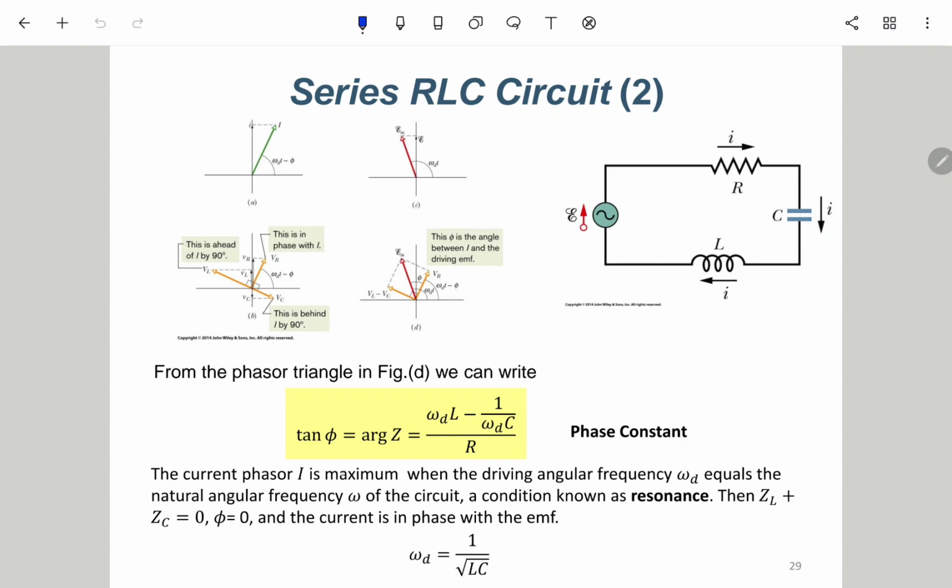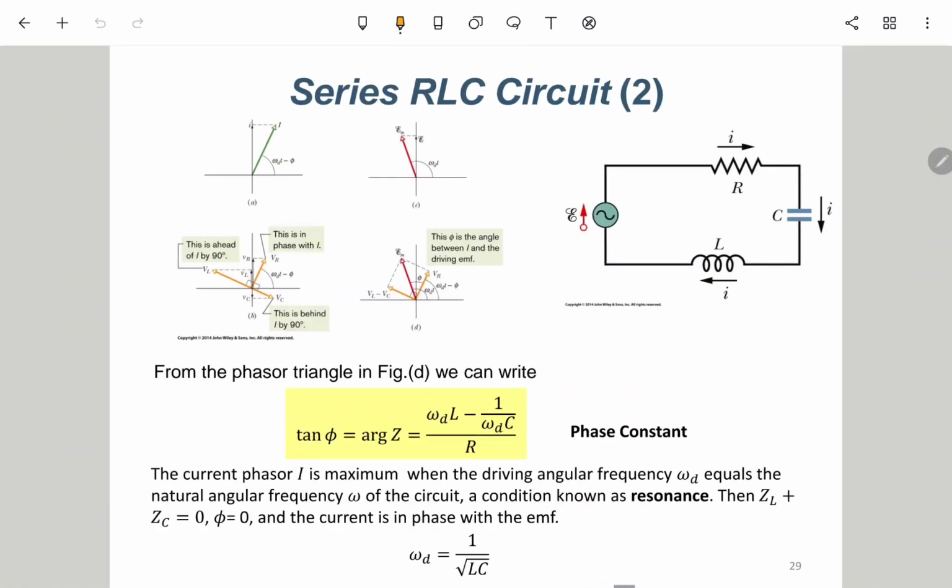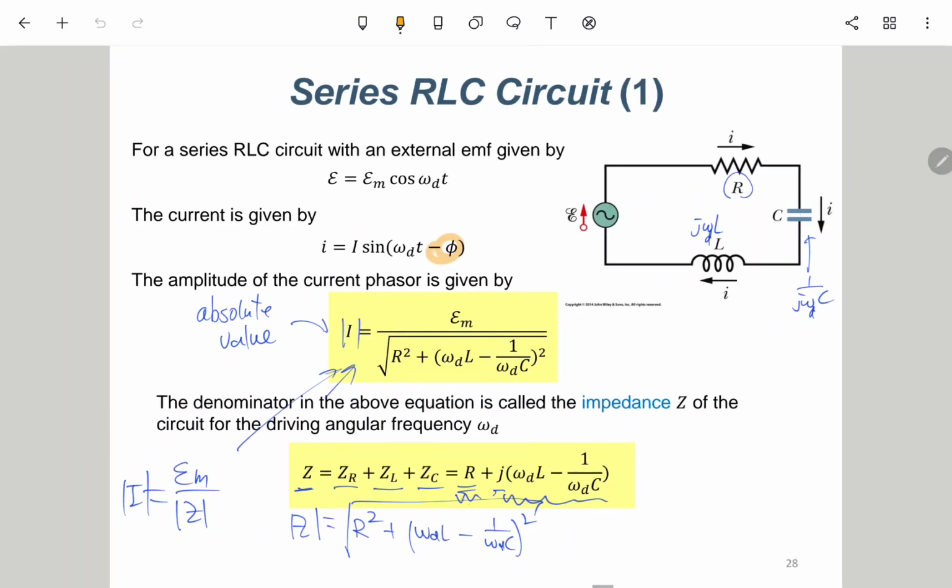And also we will have a phase. Okay, so we also have this phase. This phase is not 0 degree or plus or minus pi over 2 anymore. It will be an angle, something on the right hand side, in the first quadrant or the fourth quadrant. Okay, as R is a positive value, it must be on the right side.